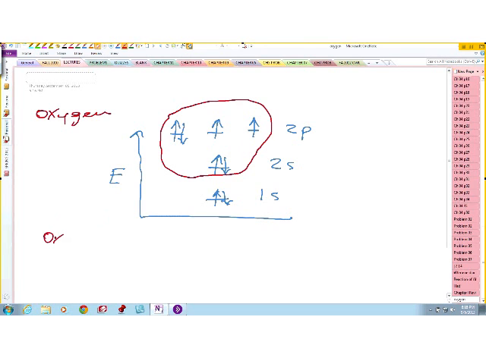So therefore, we say oxygen has a valence of 2. Notice what we say here, valence. Valence simply means the maximum combining power for any atom.